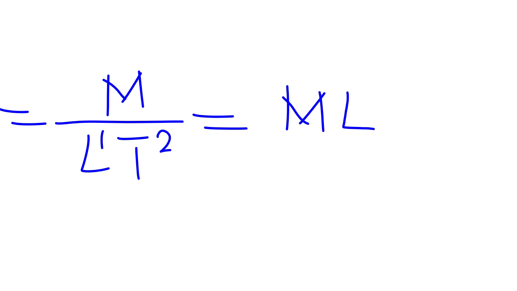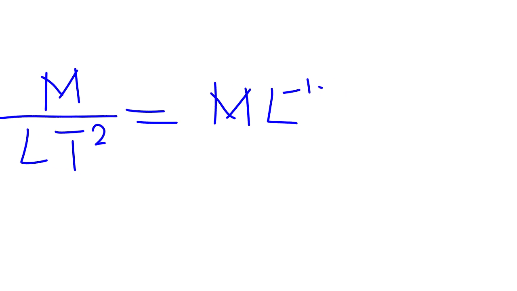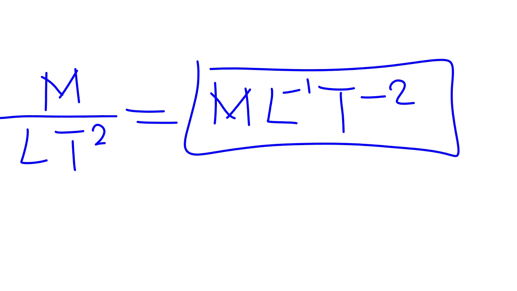But when taking it to the numerator side, you need to indicate the power, because it will become minus. So L minus 1. Then t raised to the power of minus 2. So this is the dimension of the pressure.